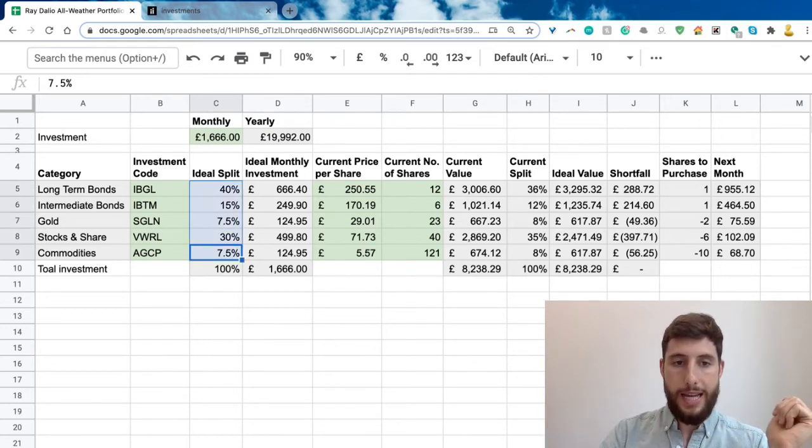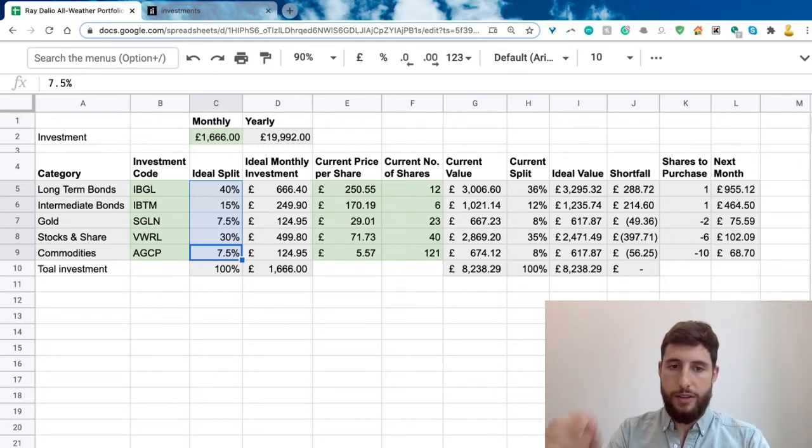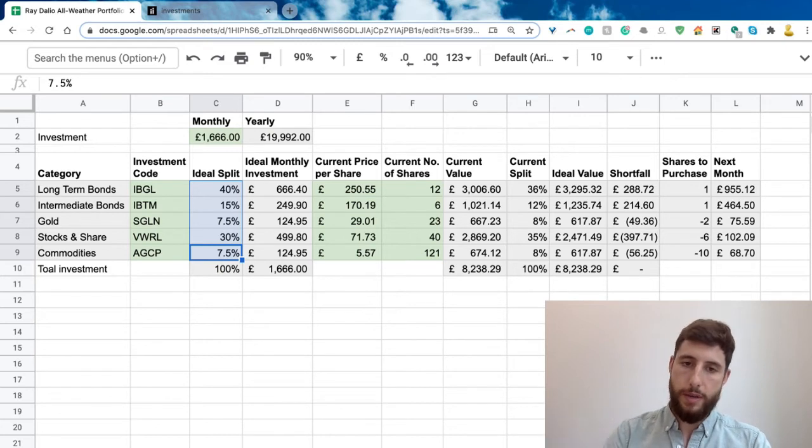So this split is really important for this particular portfolio. It is vital you stick to this. Now, you don't have to be really exact. You don't have to be by the penny all the time. It just needs to broadly map this over time. If it starts to move too far away, you want to bring it back into that ratio. Now, Ray Dalio formally suggests investing in this particular ratio, and then once every 6 months or a year, you rebalance.